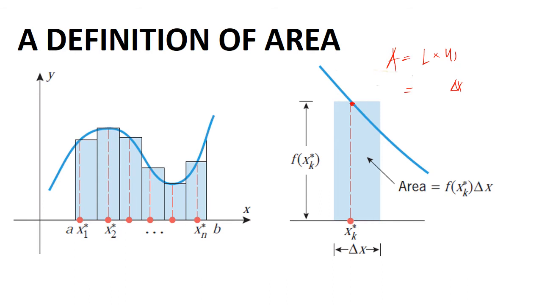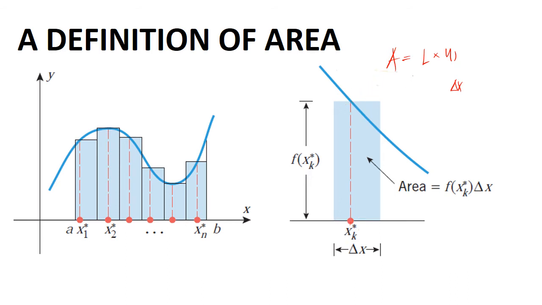Ibig sabihin, this point, yung height na to is actually the value of the curve or yung upper boundary, which is y equals f of x. But since pinili natin yung point sa baba, so that is f of x star k, okay, the value of the curve evaluated at the chosen point in this subinterval, yun yung magiging length, yung value ng curve.